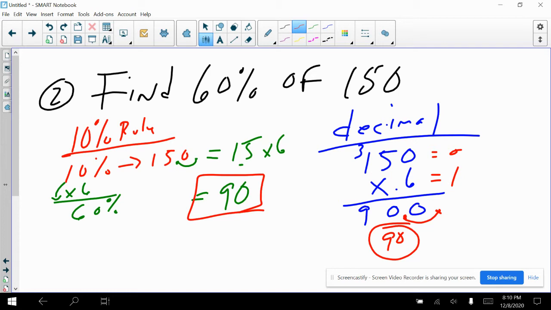Okay, so it's pretty straightforward. Again, in my opinion, I would try to get in the habit of using the 10% rule. Because this is what we use when we go shopping at department stores or grocery stores or whatever store that's having sales.